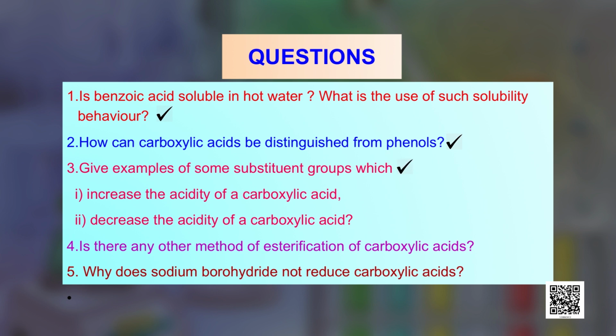Give some examples of substituent groups which increase the acidity of the carboxylic acid and some other groups which decrease the acidity of the carboxylic acid. Is there any method for esterification of carboxylic acid other than the Fischer esterification we discussed here? Find out, there is one more very interesting method. Why does sodium borohydride not reduce carboxylic acids?